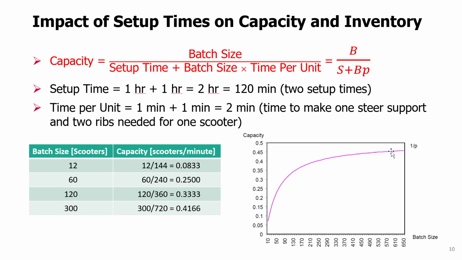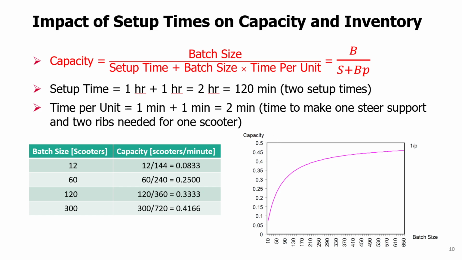And the reason for this is that already at this batch size, the setup time is a very small part of the cycle time. So increasing the batch size a lot is not going to increase capacity significantly.